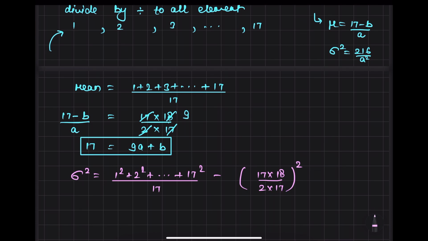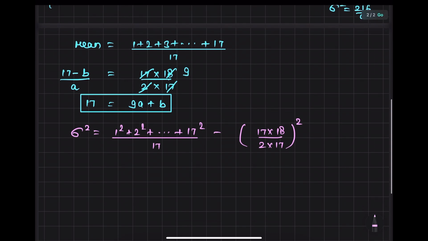So this is your variance. Now, if you remember, the sum of squares of n natural numbers is n into n plus 1 into 2n plus 1 by 6. And then this thing is gone, this thing is gone, minus 81.